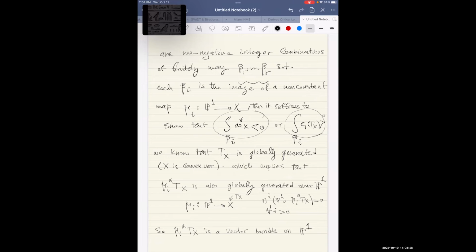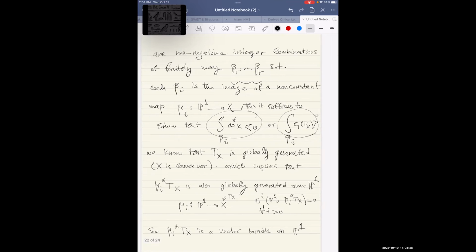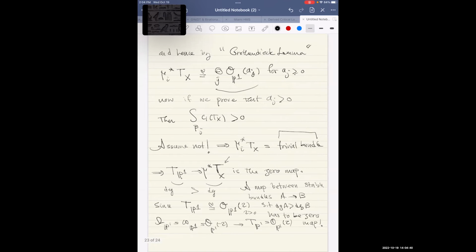If the pullback of the tangent bundle is a trivial bundle, it means that these maps are constant for all of them. It's a contradiction. Okay.